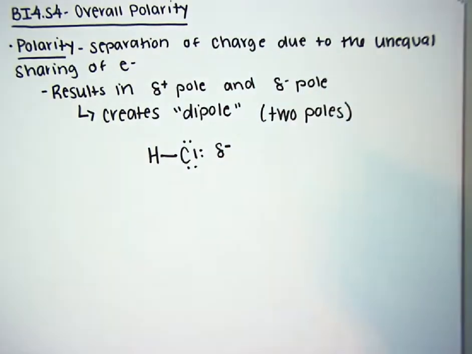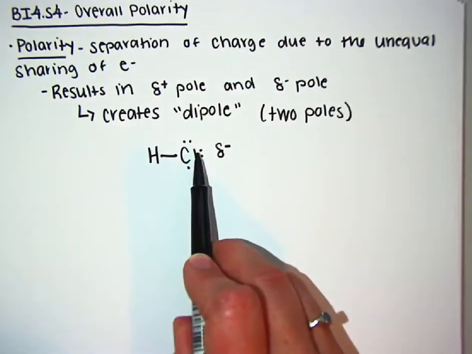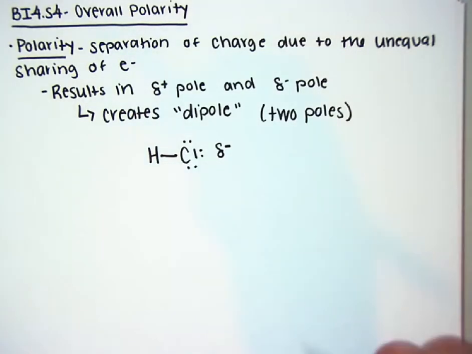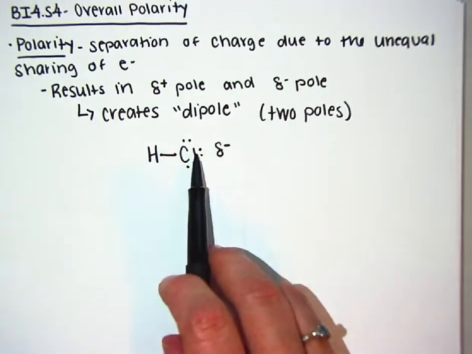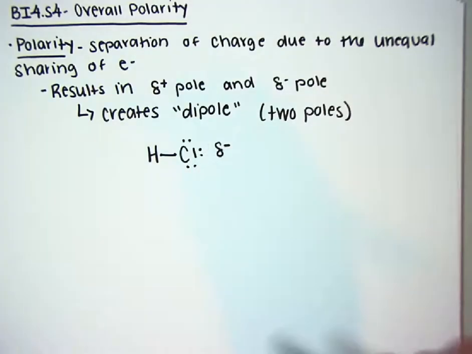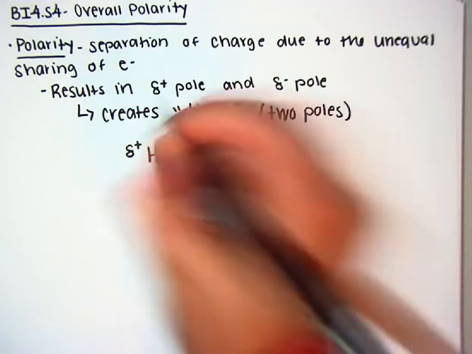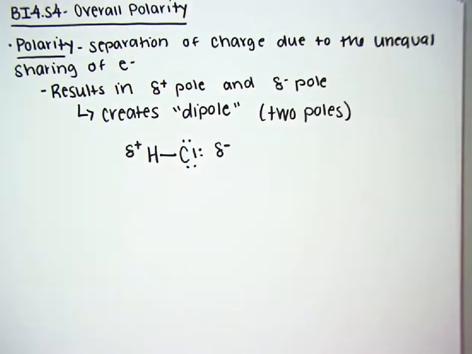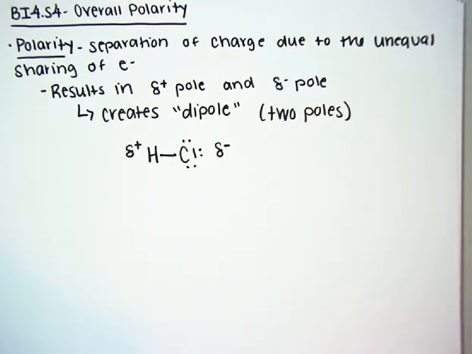Electronegativity is the tendency to attract electrons. So chlorine is going to have a greater pull on those shared electrons. So those electrons will not be shared equally. Since chlorine has a greater pull on it, the chlorine side of this molecule is going to have a partial negative. Those electrons get pulled away from hydrogen, so hydrogen gets the partial positive. So this would be a polar bond or a polar molecule.